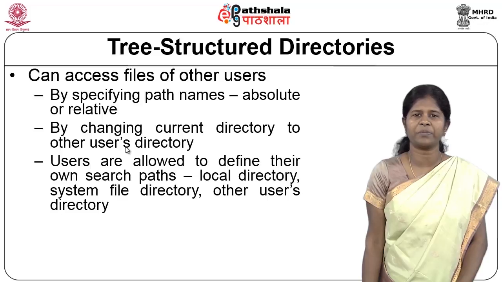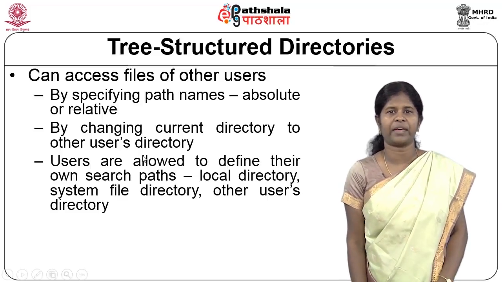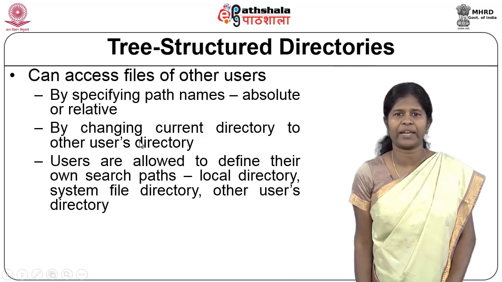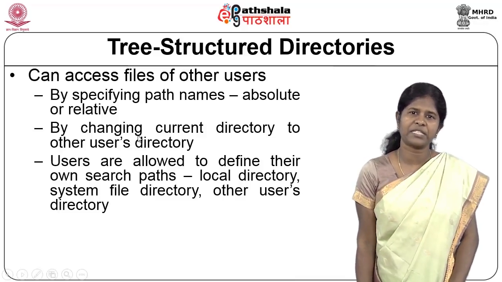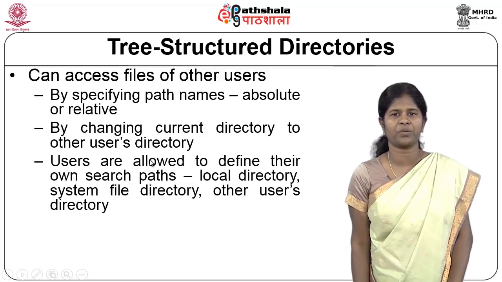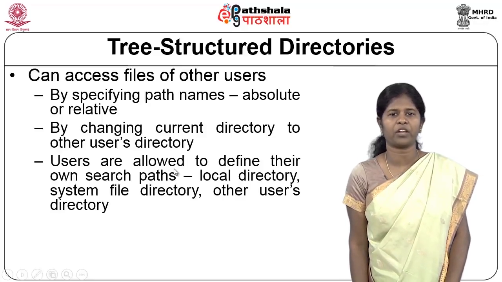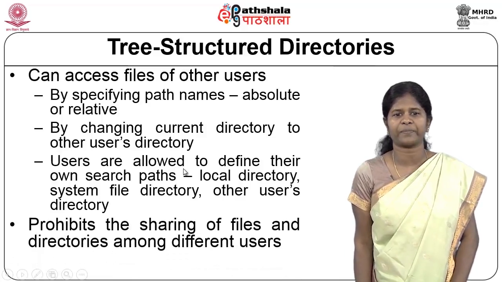It is also possible for users to define their own search path. Like you can say, first search in the local directory. If it is not present, then search in a system file directory, or if it is not present, you can search in some other user's directory and so on. So, the sequence in which the search has to happen can also be provided by users.